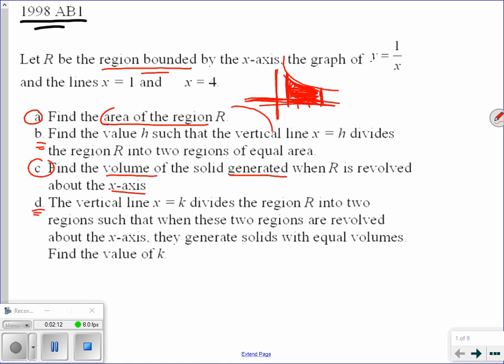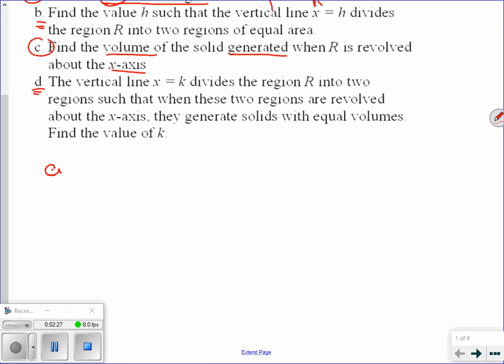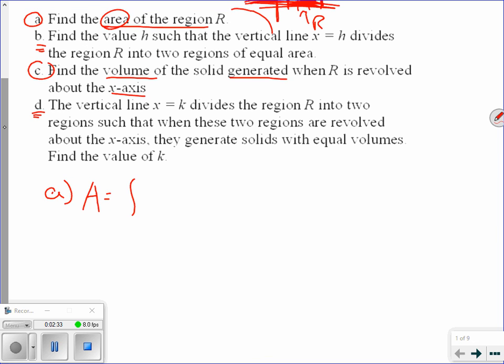First things first, we're going to find the area of the region, which we'll call R. The area of any region is just the difference between the function and the x-axis. This is really old school review here, and I'll write it like this. Area is simply equal to top minus bottom.